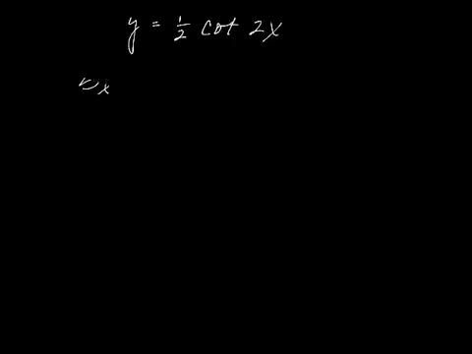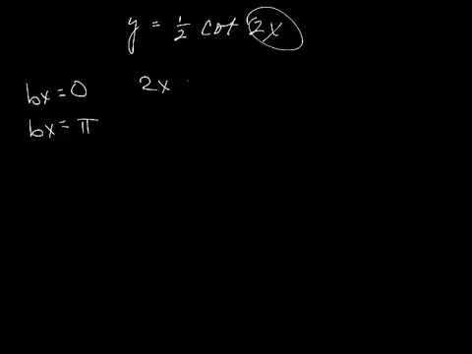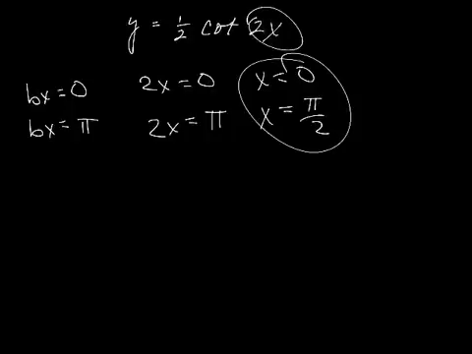So instead of using those two, for cotangent, we're going to use bx equals 0 and bx equals pi. So here's my bx. So 2x equals 0. So x will then equal 0. And 2x equals pi. And x then will equal pi over 2. So there are my vertical asymptotes for these. And we'll just keep plugging away from that.